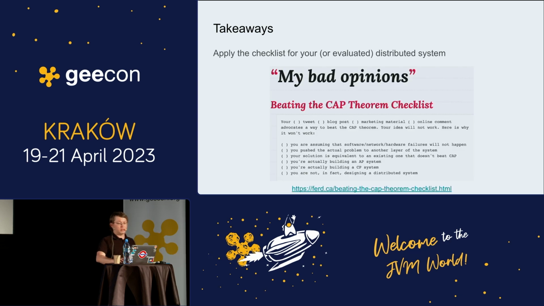In addition, verify your system, or another system that you would like to implement, with the so-called "Jepsen" checklist. It is a very funny checklist where you go step by step, try to apply it to your system, and examine whether it applies or not.